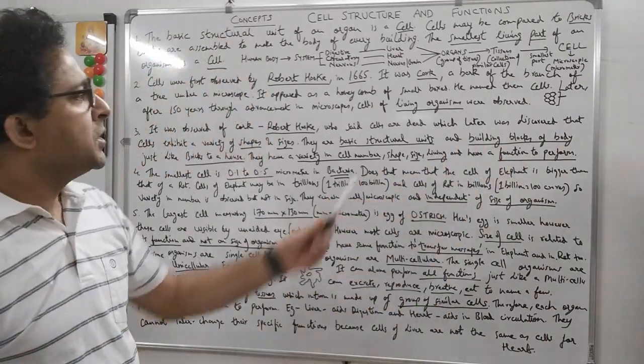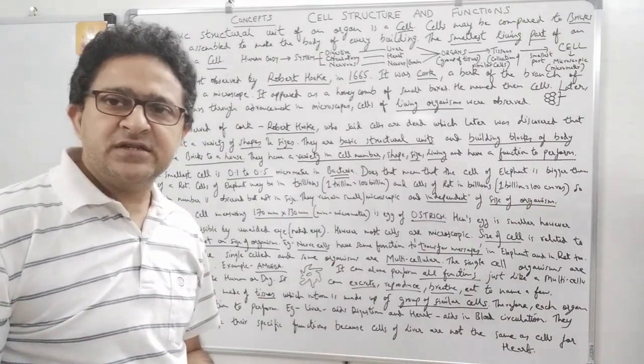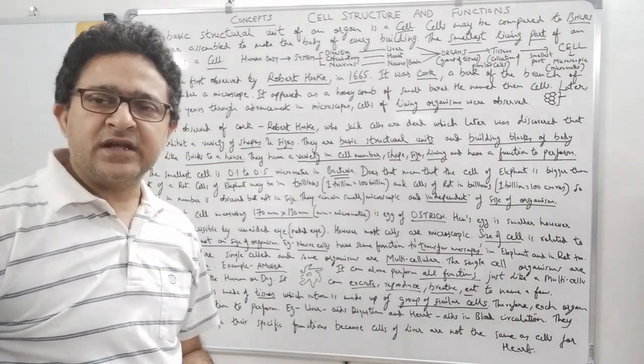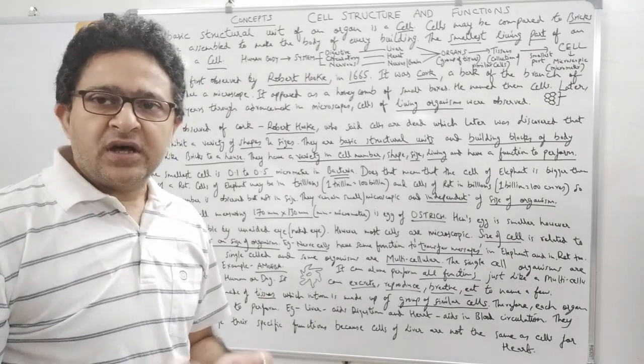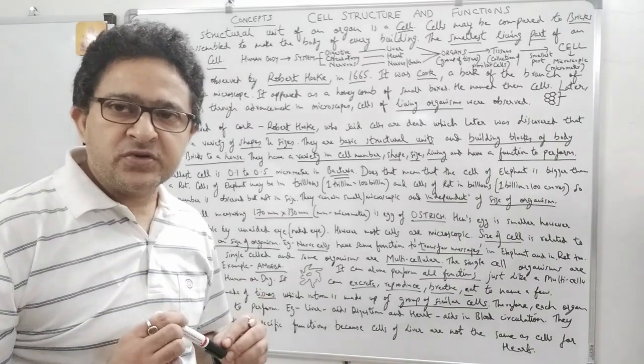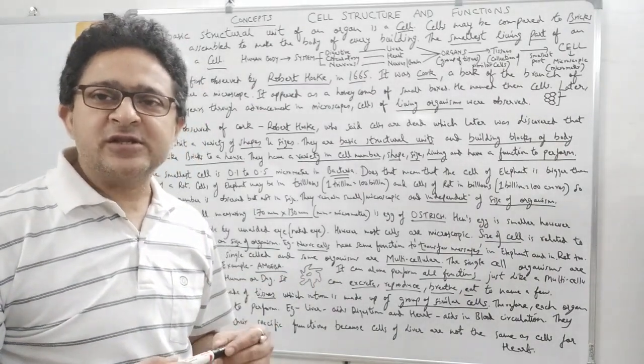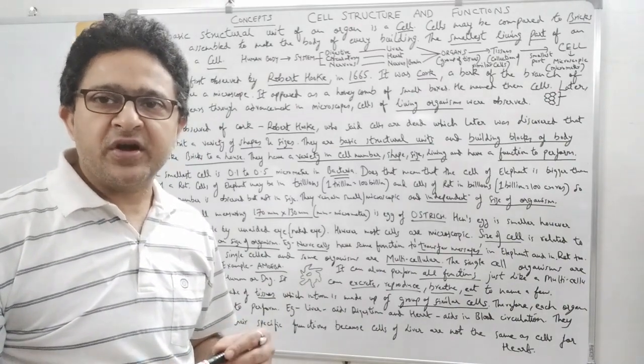So basically, Robert Hooke said they are dead, and after 150 years, with advancement in technology in microscopes, it was observed they are living. The microscopes were used to examine the cells of a human body or any living organism.